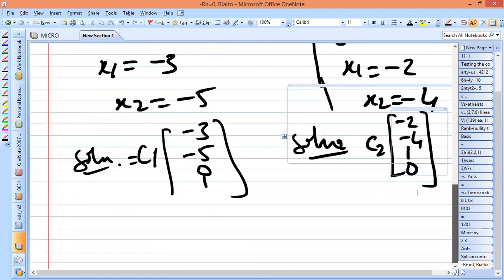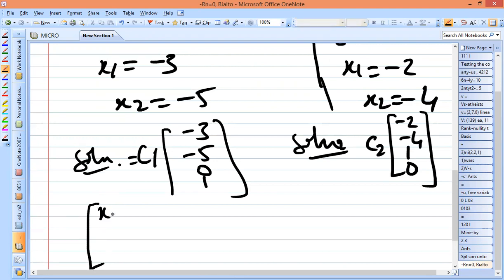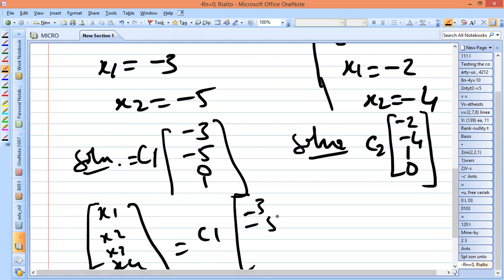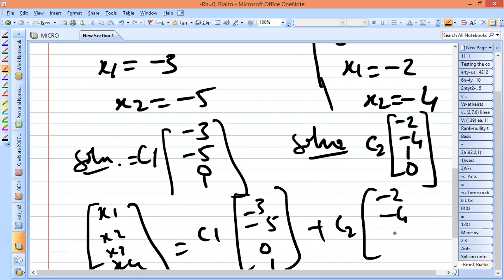The complete special solution is (x1, x2, x3, x4) = C1(-3, -5, 0, 1) + C2(-2, -4, 1, 0). This is the special solution for Rx = 0.